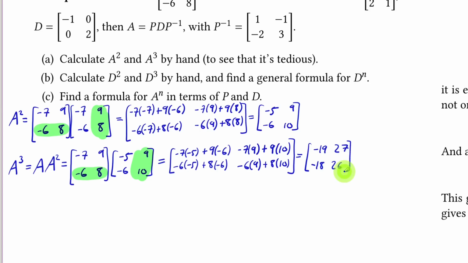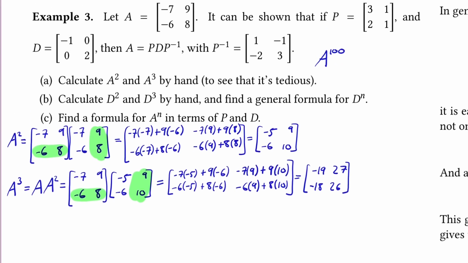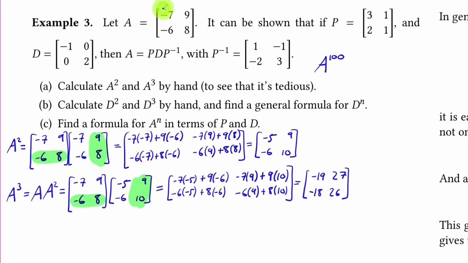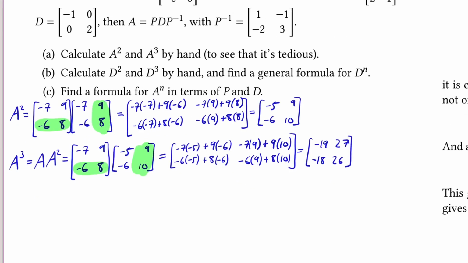All right, so that was pretty tedious. You can imagine that calculating A to the power 100 or something really big is not as simple as just raising the numbers to the power 100, right? Because matrix multiplication involves the row column rule or linear combinations. It's more complicated than that. So you can see why this is complicated for higher powers of A.